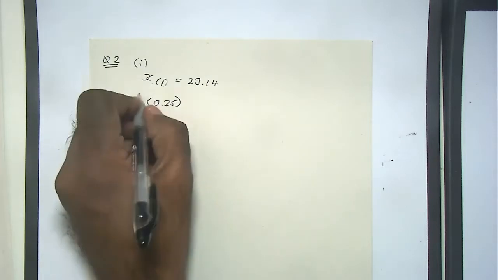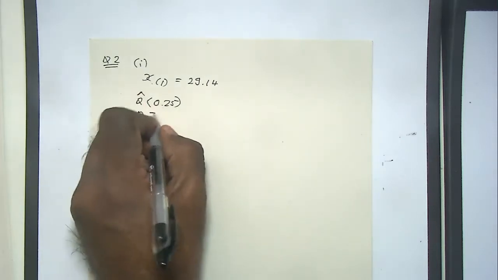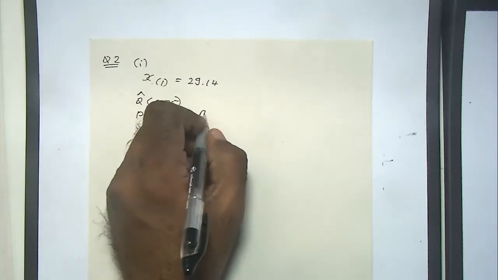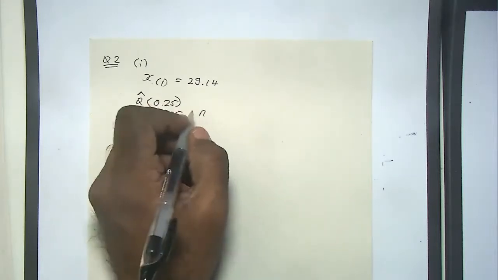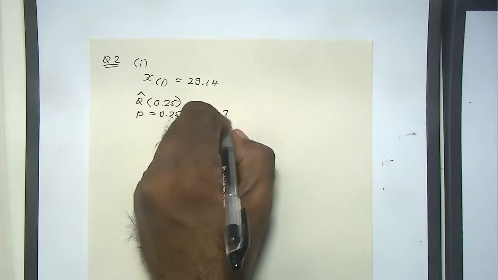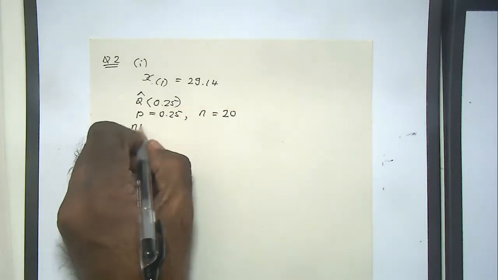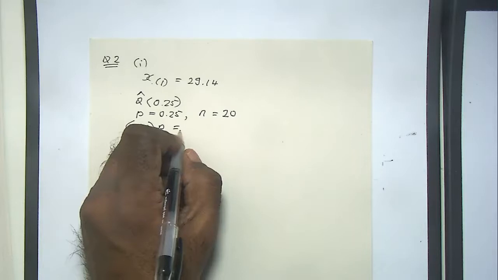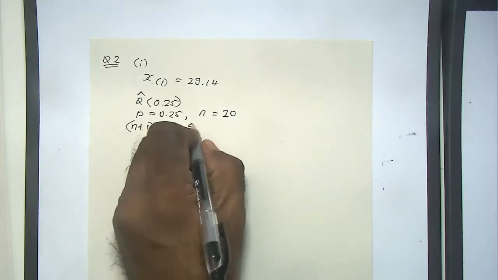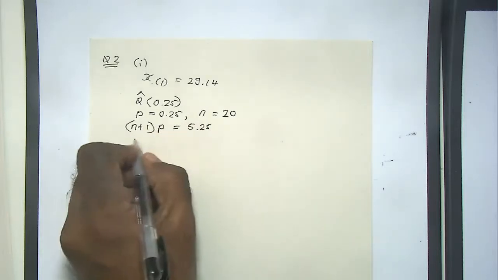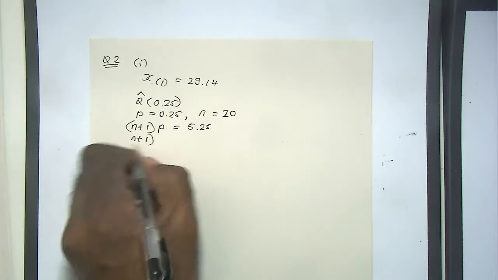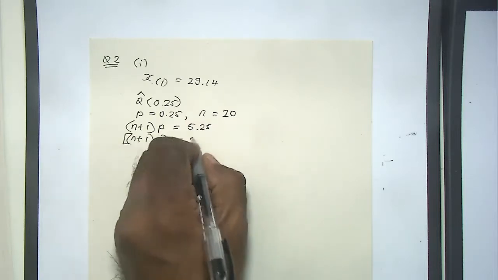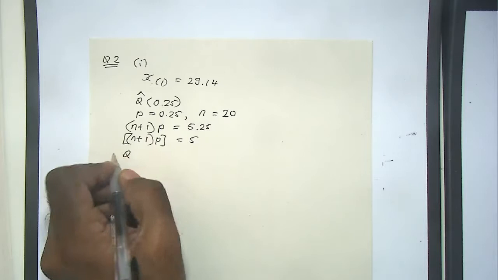Your P is 0.25, your N is already given as 20, so (N plus 1) times P is 5.25, and the integer part is 5.